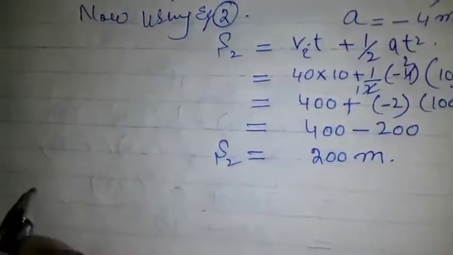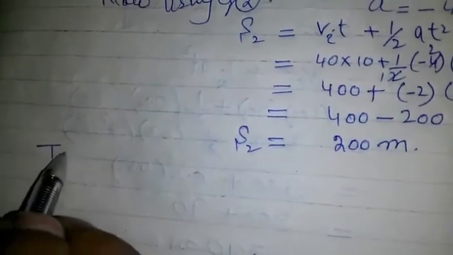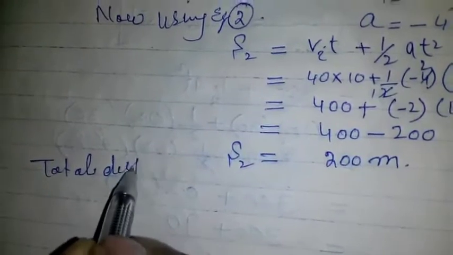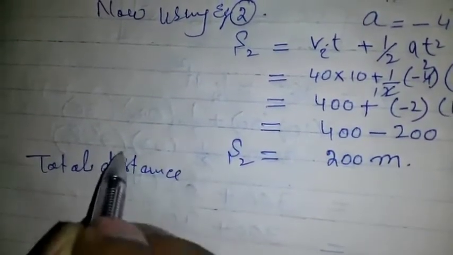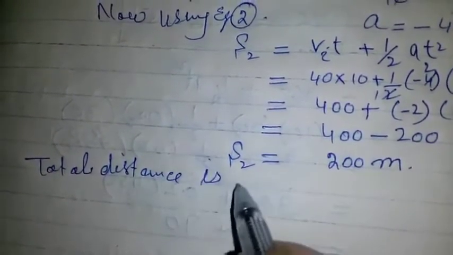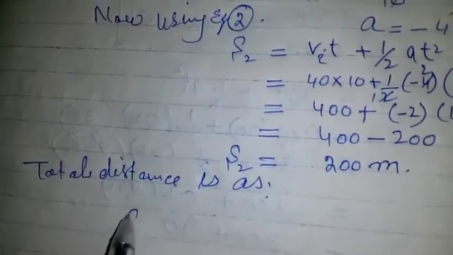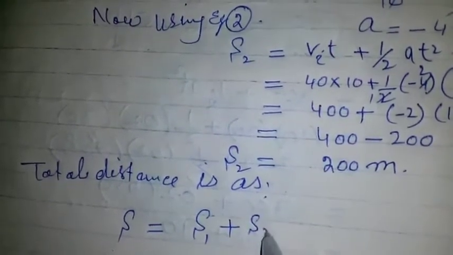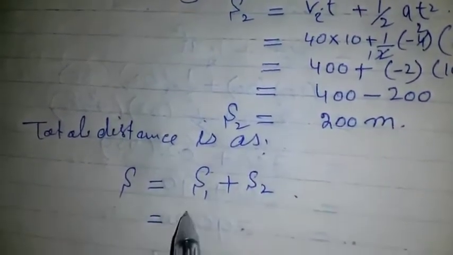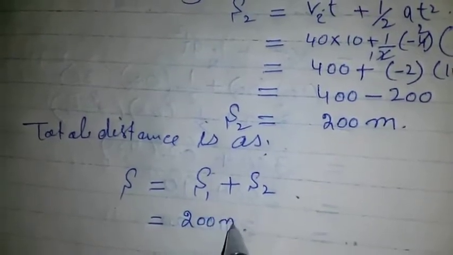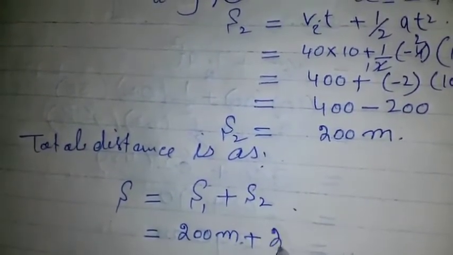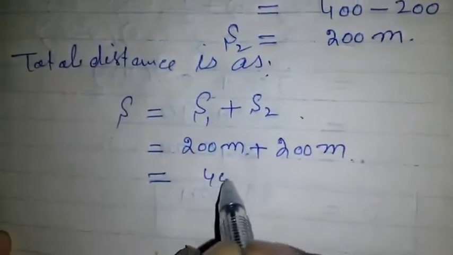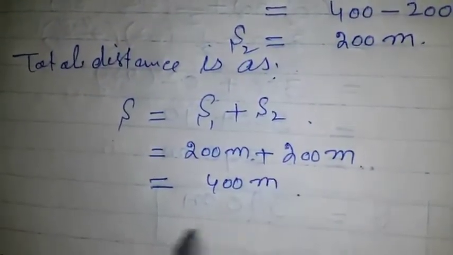So total distance S is equal to S1 plus S2, which is equal to 200 meter plus 200 meter, which is equal to 400 meter.